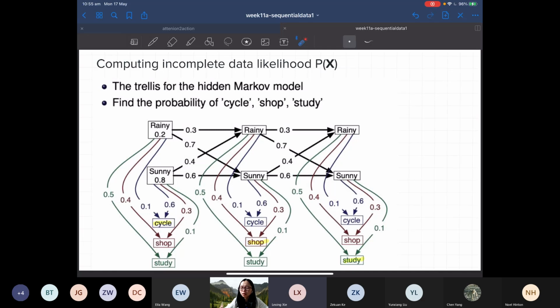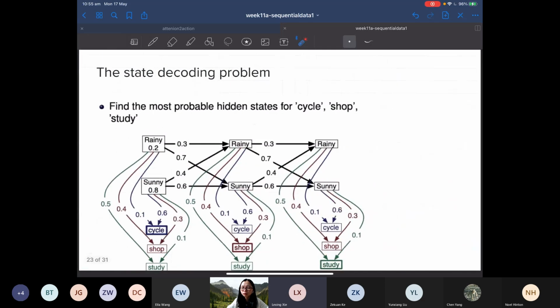In fact, there is non-zero probability of being in either state given any activity, right? So ideally, these square nodes are hidden. We will want to sum over all possible values. So if we were doing this brute force, we will need to do this.